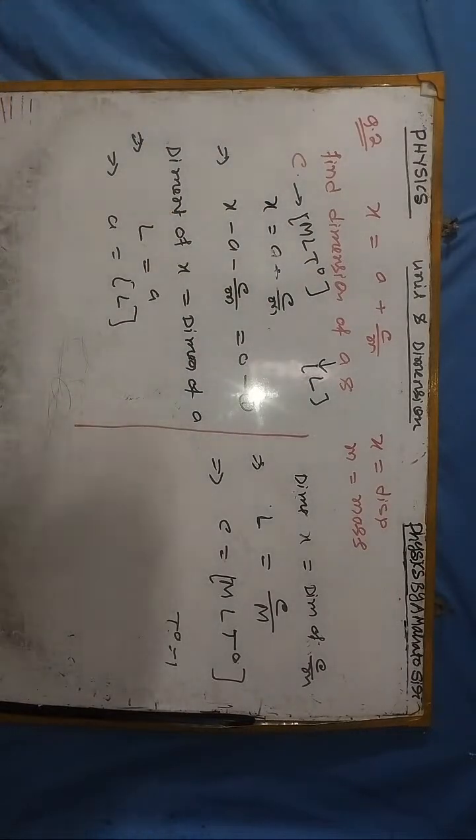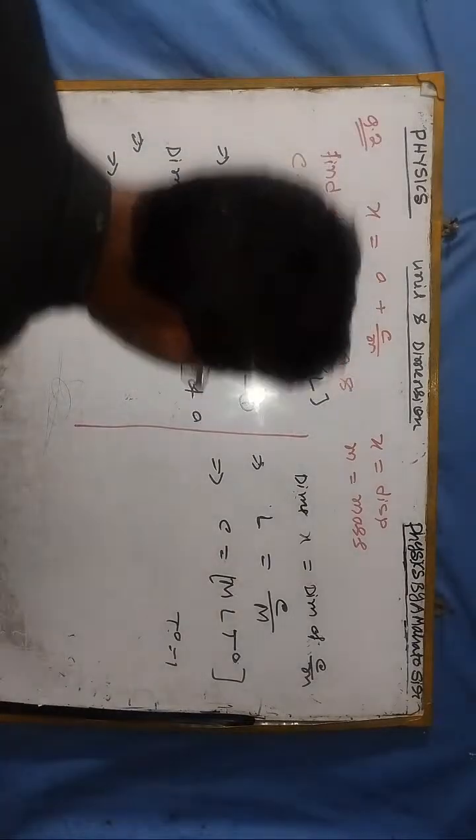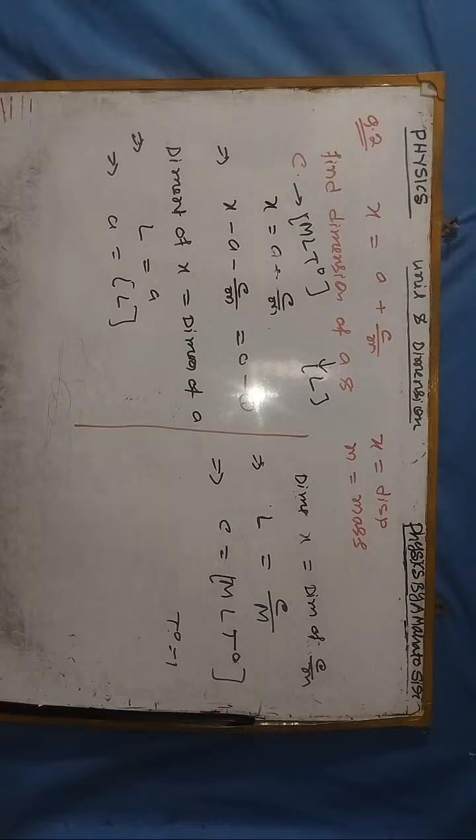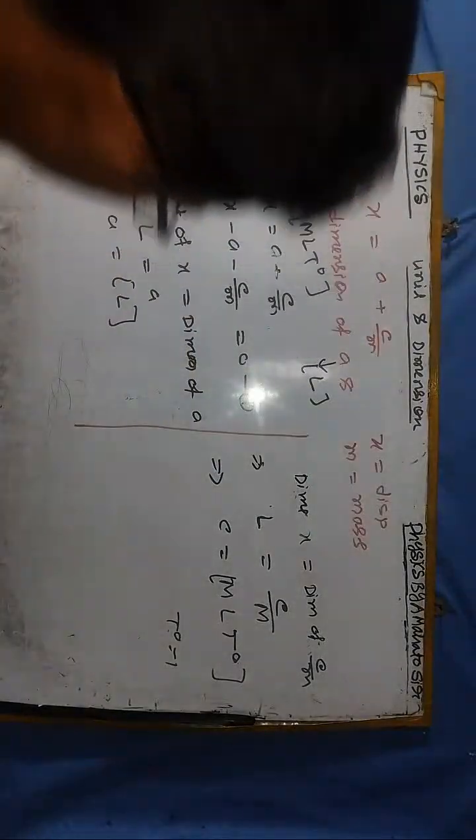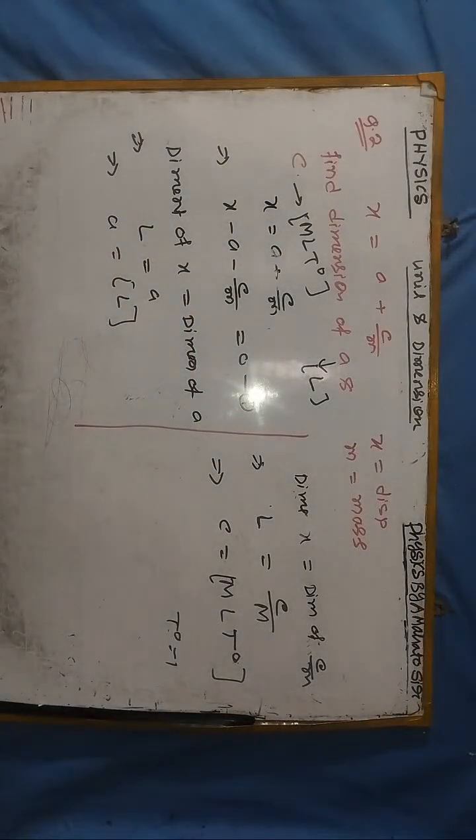Now the third problem. Write it down quickly. Now start numerical number 3. You can take a screenshot or use any other process. Since the video is long, now erase this problem.